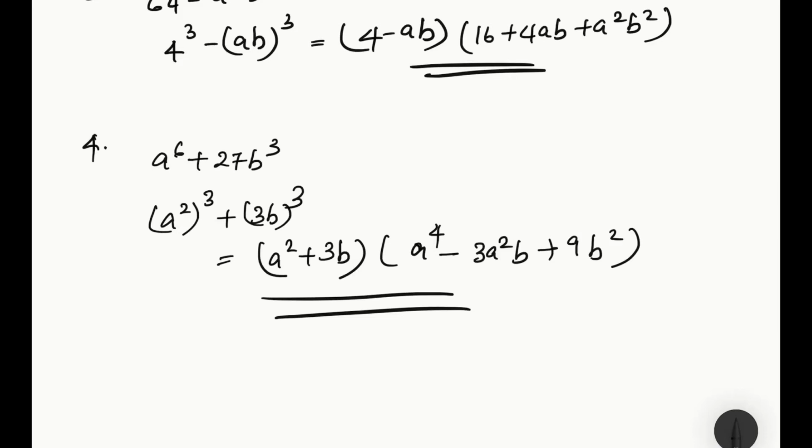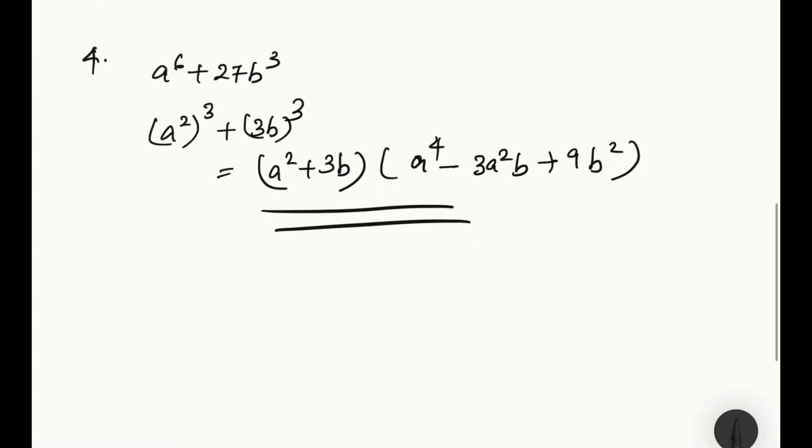Now let me go to the 8th question. Okay, rest of the questions you can do it. A to the power of 4 minus 343a. How can I write it? I can take out a. So what do I get? a into a cube minus 343.